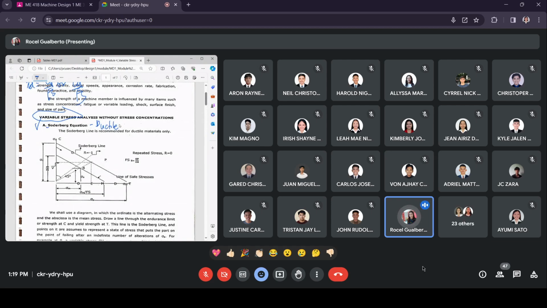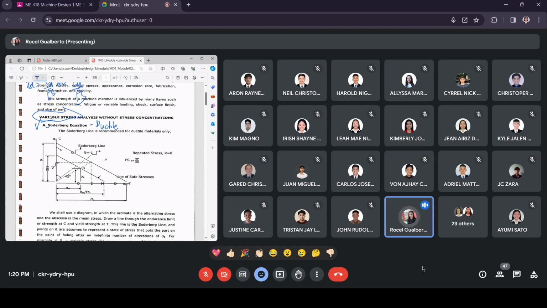Again, on your design stress, you simply choose between Soderberg and Goodman. How will you choose? It's basically based on the material. If it's ductile, you use the Soderberg. If it is brittle, you use the Goodman equation. Again, it is valid for variable stresses.